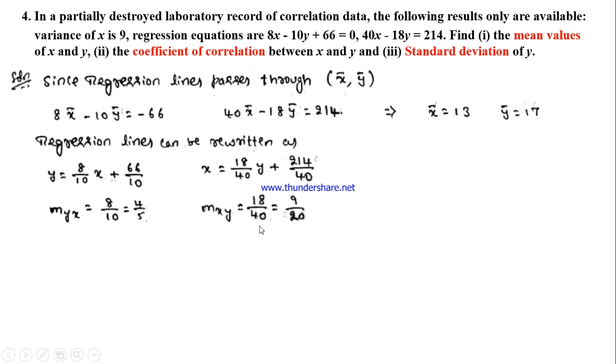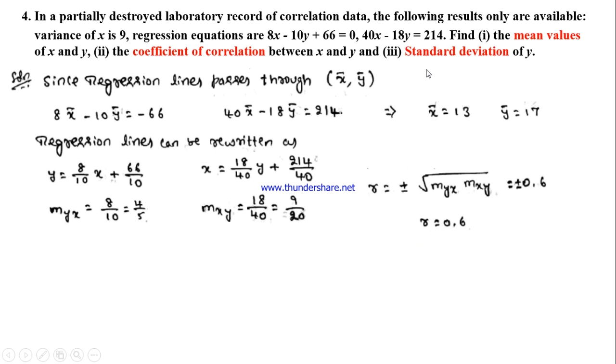Now we can find the value of r by using these two, that is r is equal to plus or minus square root of myx into mxy. Now substitute these two values and on simplification you can note it is equal to plus or minus 0.6. But the sign of r should be positive in this case because mxy and myx both are positive. So r is equal to 0.6.